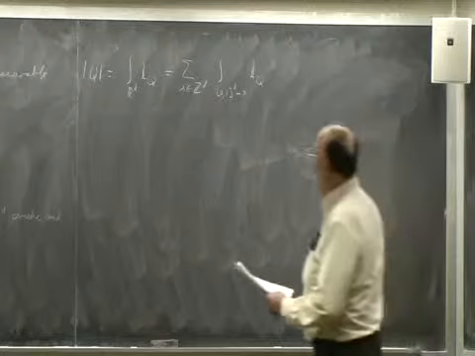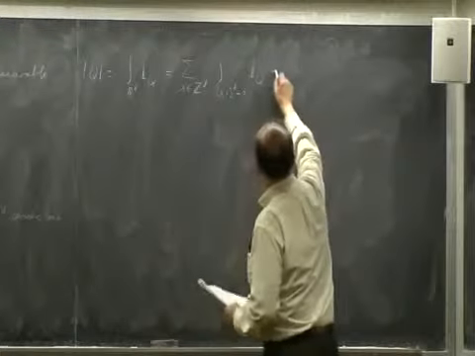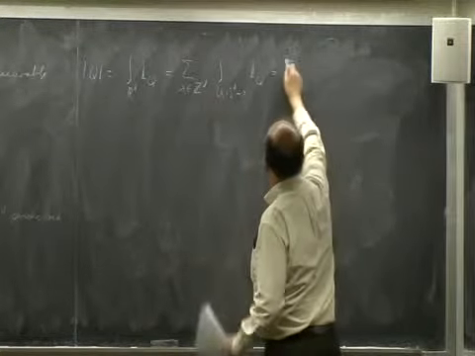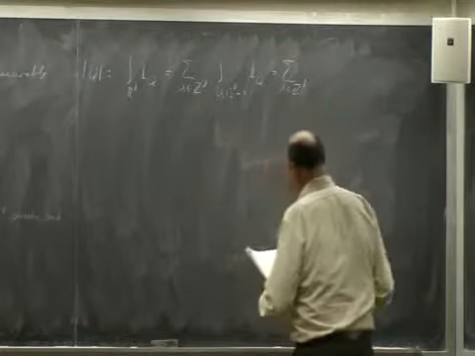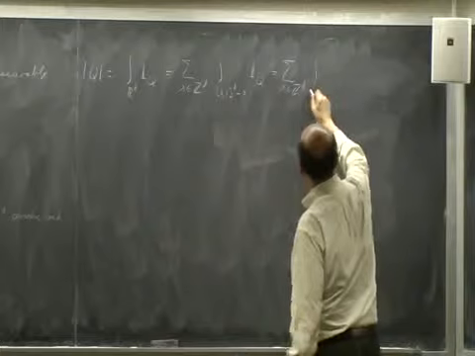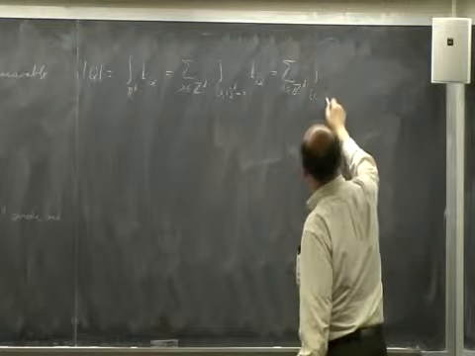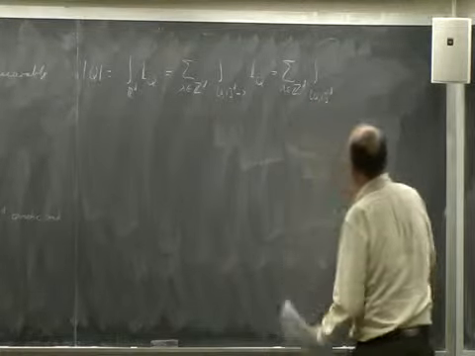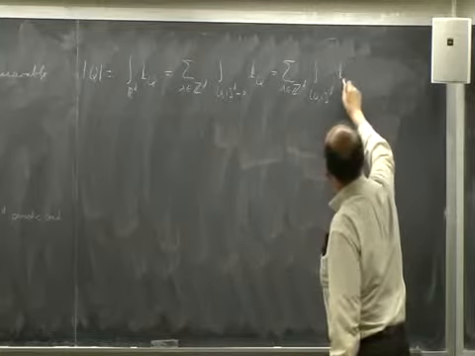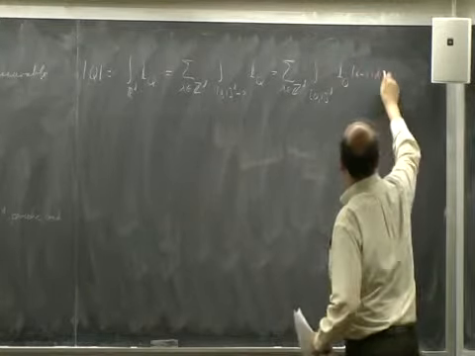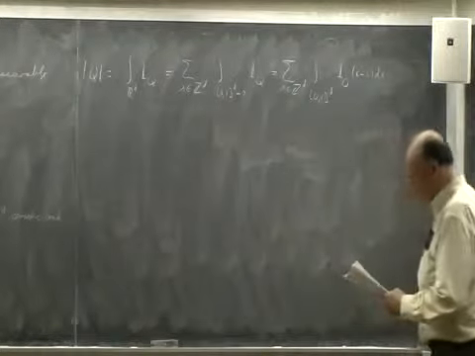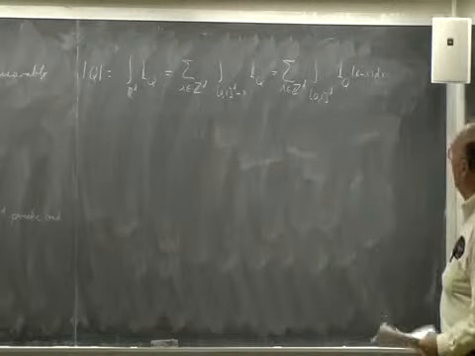And then making the change of variables, this just becomes equal to the sum over lambda in Z^d of the integral over [0,1]^d of that translate, but that's just f.